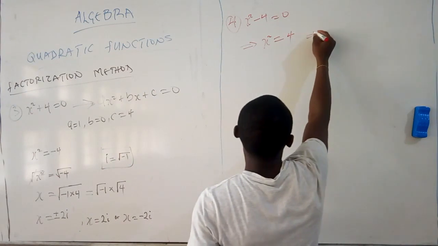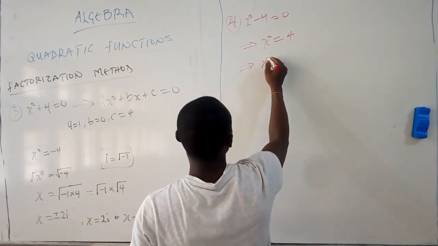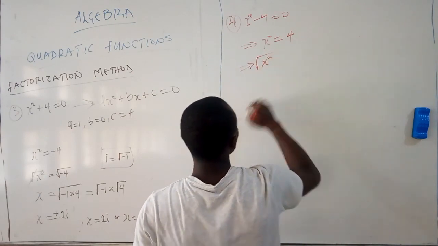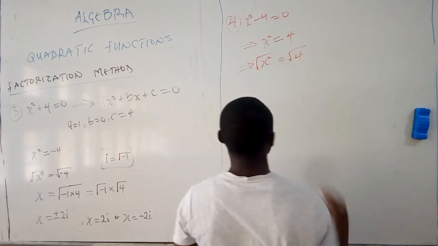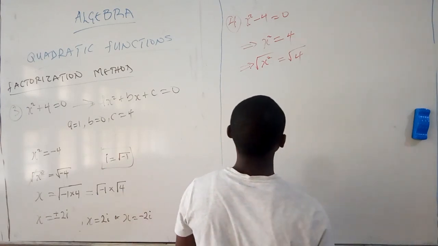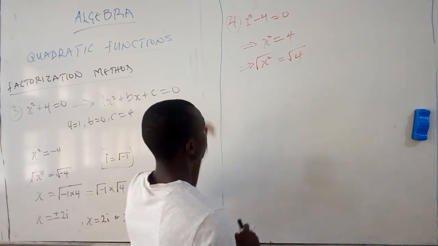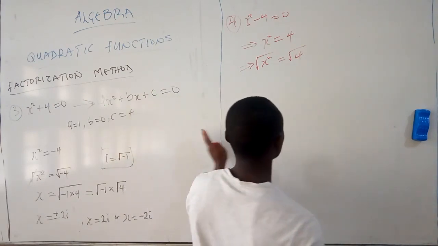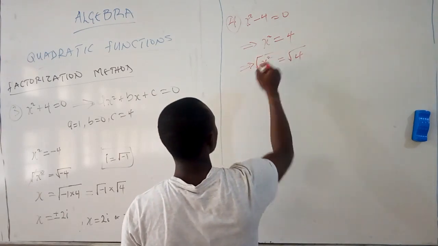So from here, you take the square root of both sides. The square root of x squared is equal to root of 4. In mathematics, whatsoever is affecting the right hand side of an equation must also affect the left hand side to balance it. Then this will cancel this.